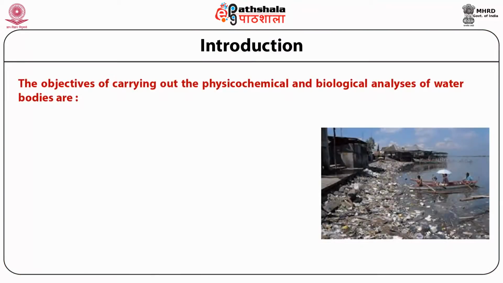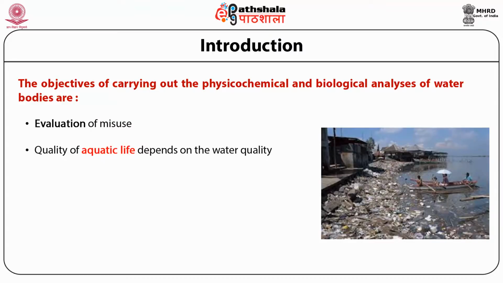The objectives of carrying out the physicochemical and biological analysis of water bodies are to assess or evaluate the water quality, which leads to information about their misuse by indicating the pollution status, and to determine the quality of aquatic life, which depends on the water quality. A thorough assessment of the water quality is an integral part of the evaluation.